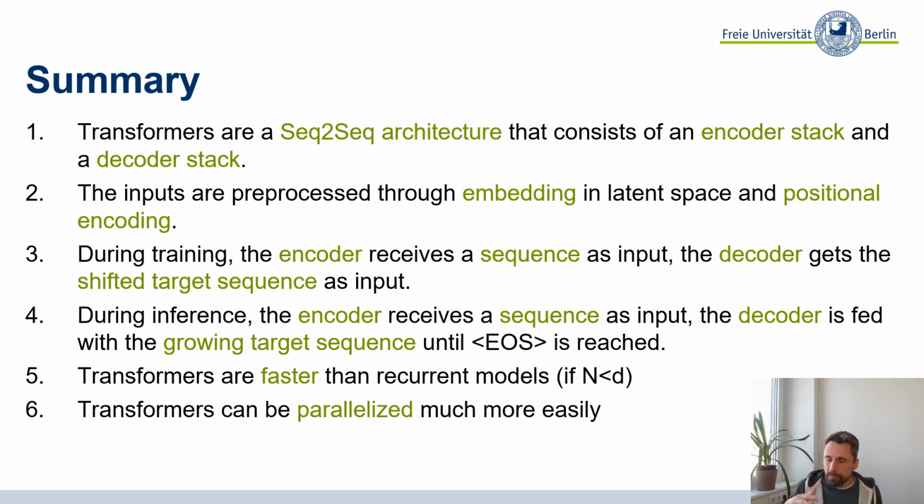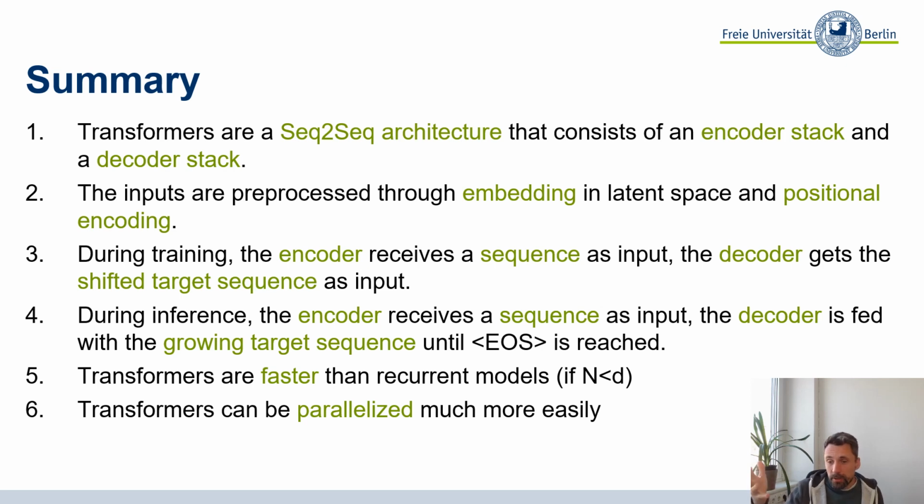Now, in training, the encoder receives the sequence as an input, and the decoder gets the target sequence shifted by 1. And so we learn all those parameters through this architecture, with many of these training examples.